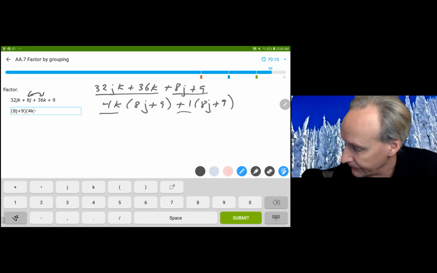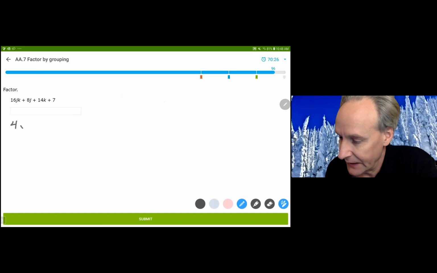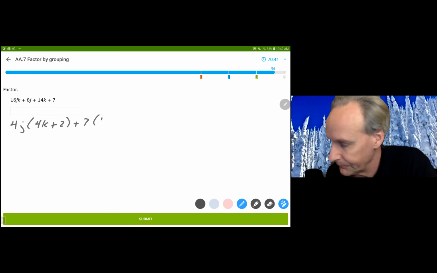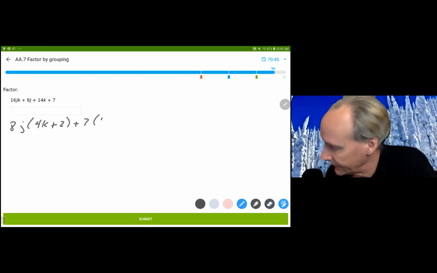Hopefully you're going to go much faster than I did since I messed it up so much. Take out my 4j out of my first pair, which gives me 4k plus 2. I'm going to take out the 7, and it gives me my, take an 8j out of the first pair.